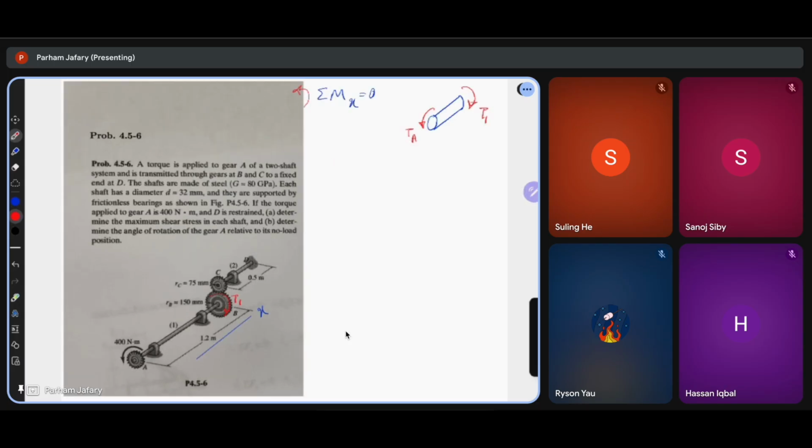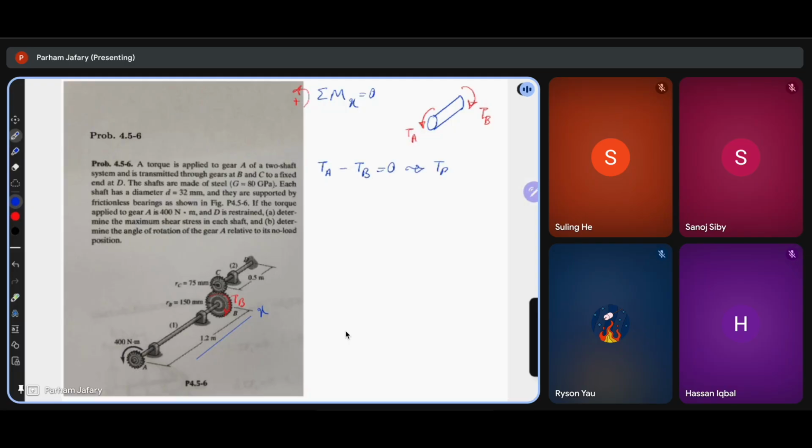So if I take counterclockwise as positive, I'll end up having TA, let's just call this TB, TA minus TB equal to 0.